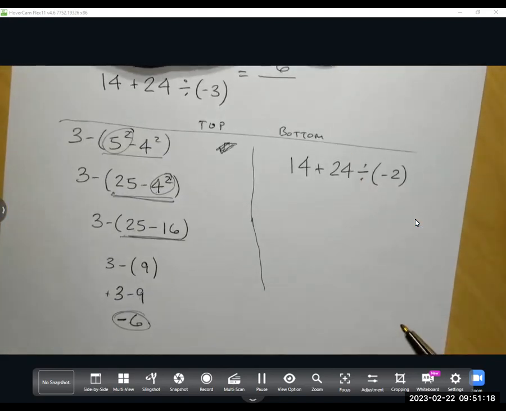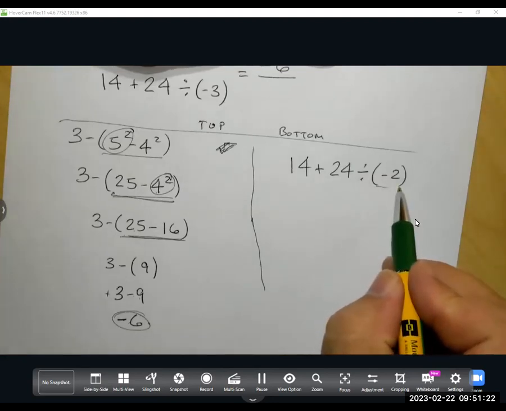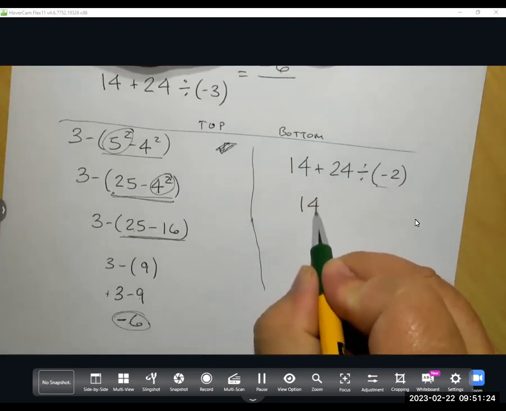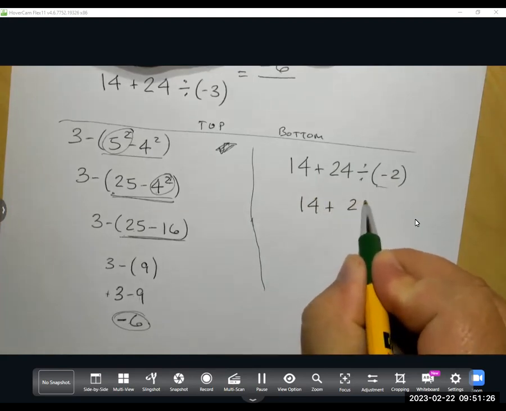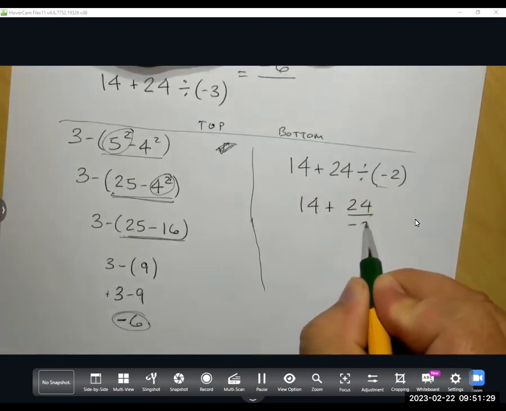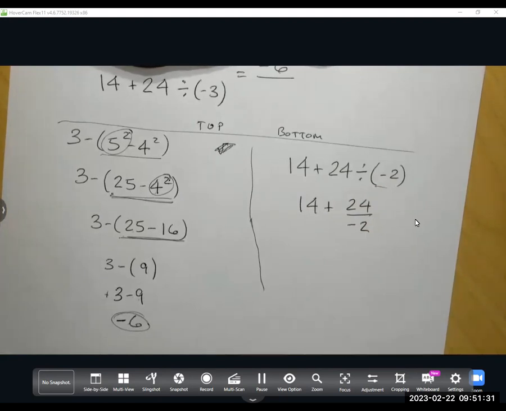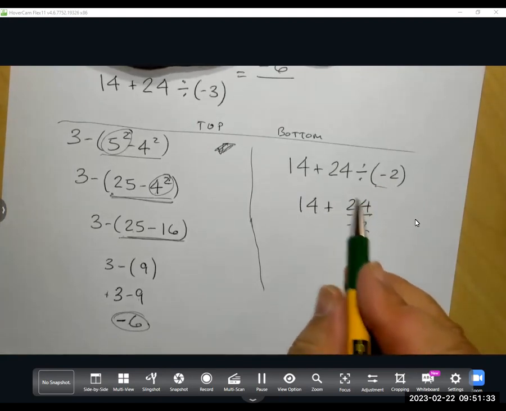Now what do you do down here? Now you can't do anything inside the parenthesis. So we divide 24 by negative 2. Is this going to be positive or negative?